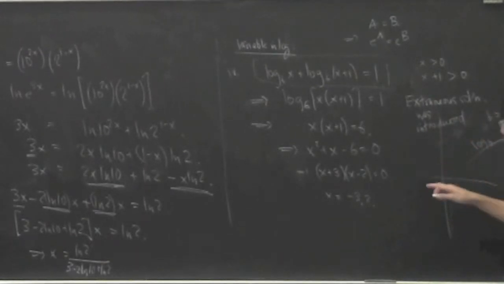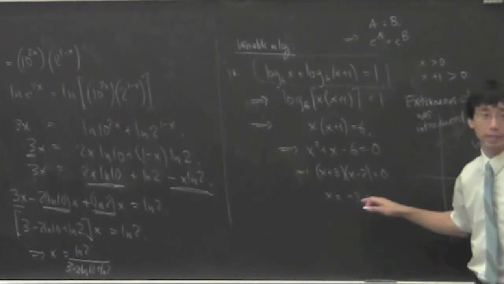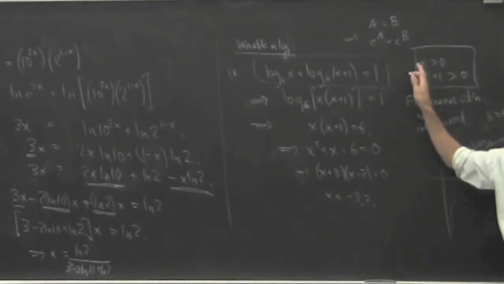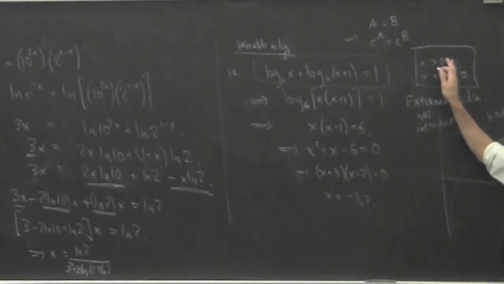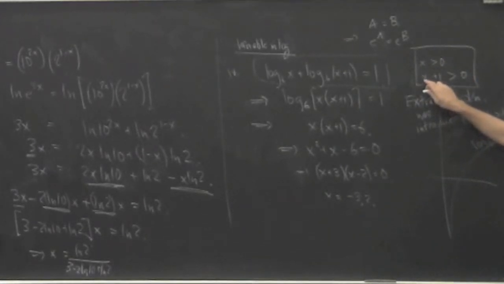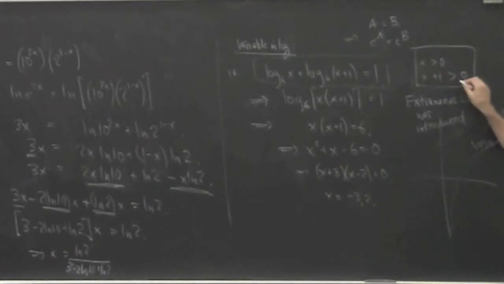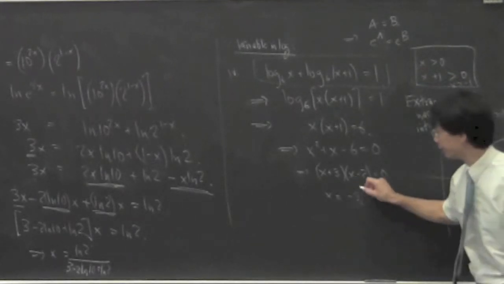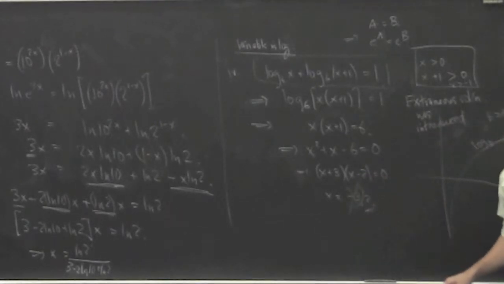With this sort of thing, you have to check at the end, or you have to be aware from the beginning where your inputs can lie. The domain is x has to be bigger than 0. And here x bigger than -1, but as long as x is bigger than 0, you're bigger than -1. So this is not a solution, but this one is.